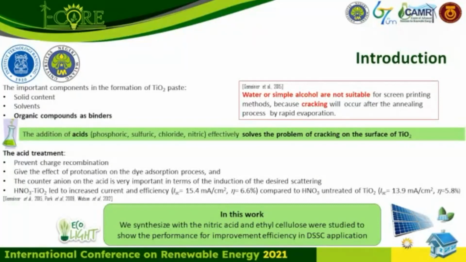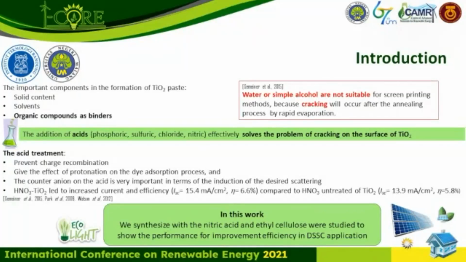The acid treatment has good advantages for the photoanode: it prevents charge recombination, gives a protonation effect to the counter anion, and desired scattering. TiO2 based on nitric acid led to increased current density, with a result of 15.4 milliampere per centimeter square and an efficiency of 6.6%.